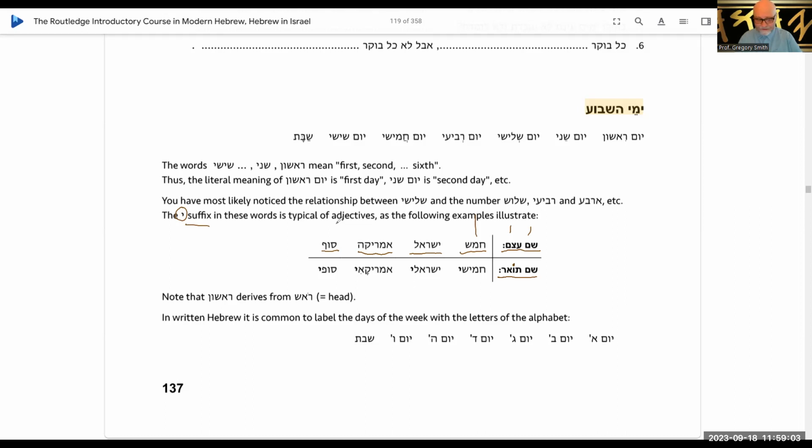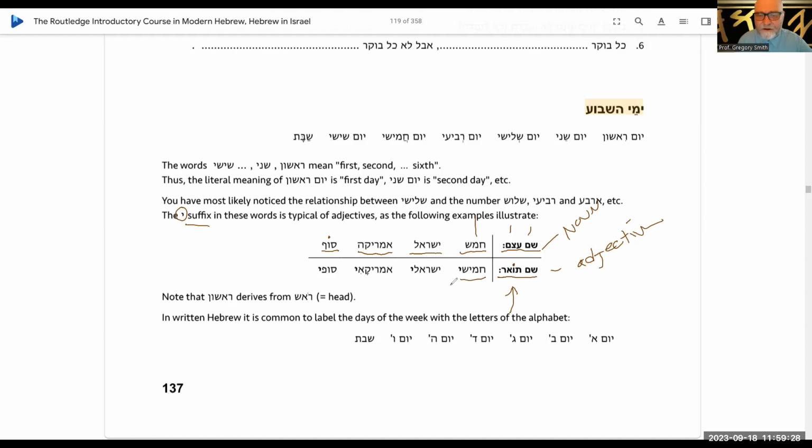Oh, it is a whole M. If it had Nakud, it would have a dot up here. Then we've got the Shem Toar, that's the adjective, and this is the noun. All right, so Chamishi.